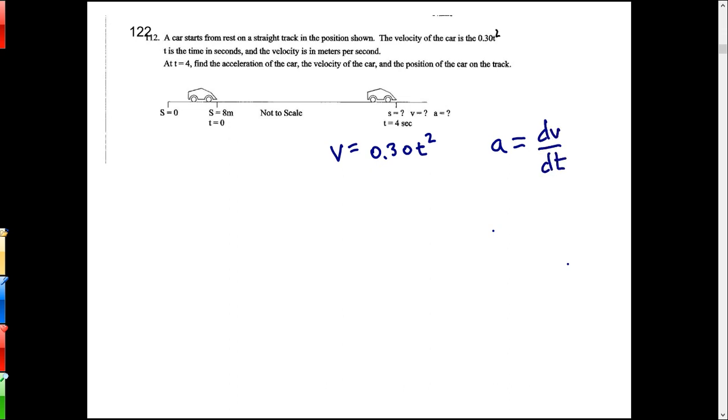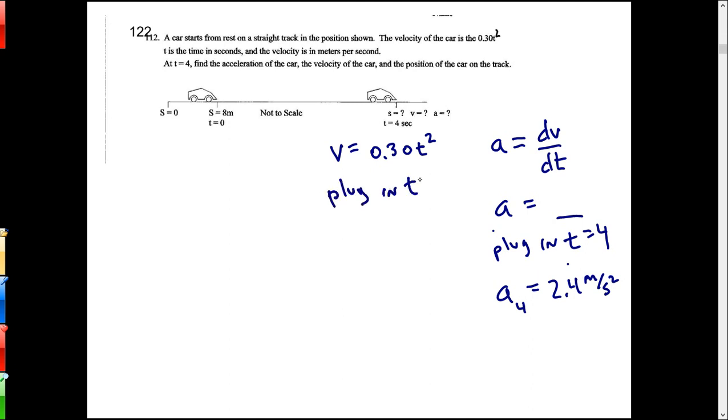And so that would be the next thing you do, and you'd solve for the acceleration. Then you'd plug in 4. And then you'll get the acceleration at time of 4 is 2.4 meters per second squared. Here you'll plug in t equals 4, okay? And you'll get that v at time of 4 is 4.8.